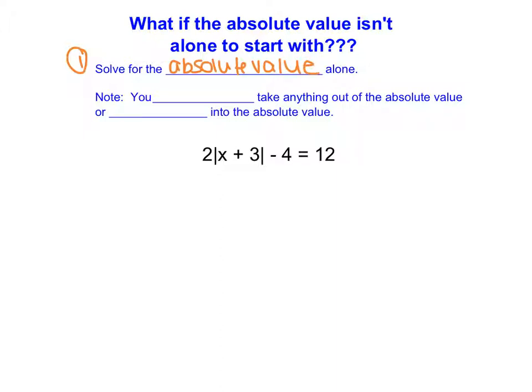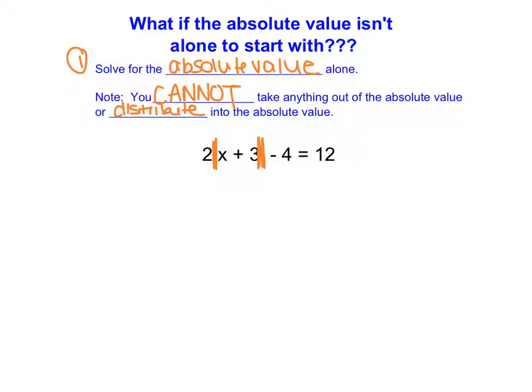And something to note that we talked about on an earlier slide is that you cannot take anything out of the absolute value or distribute into the absolute value. So this is different than the previous equations you've solved with linear equations. You cannot take anything out and you cannot distribute in. So essentially what we need to do is we need to get this piece all by itself.